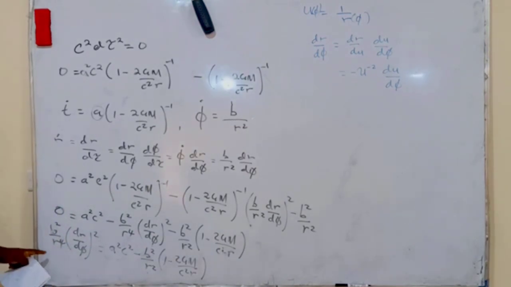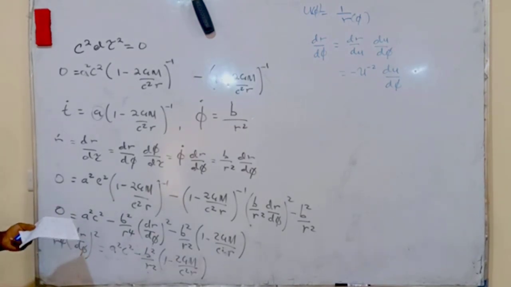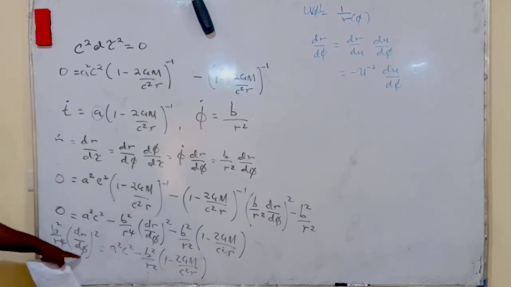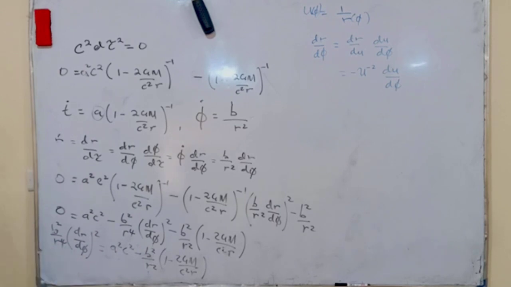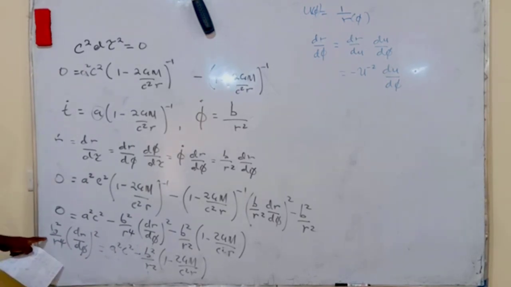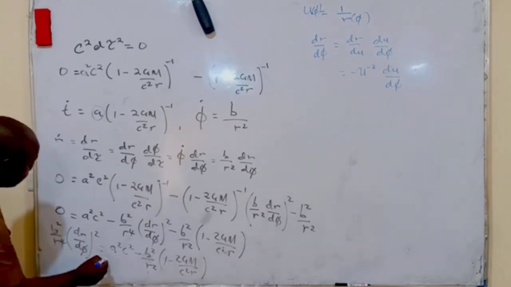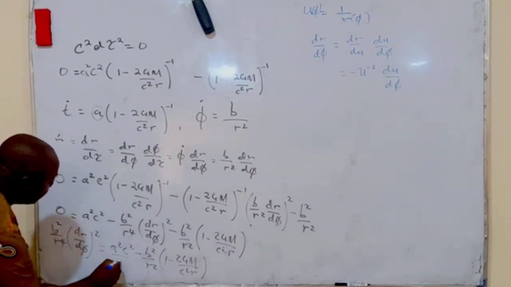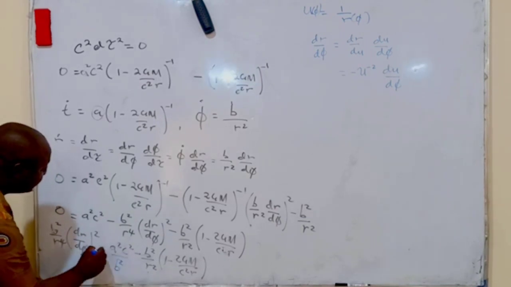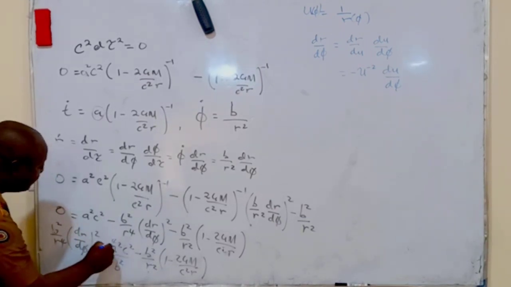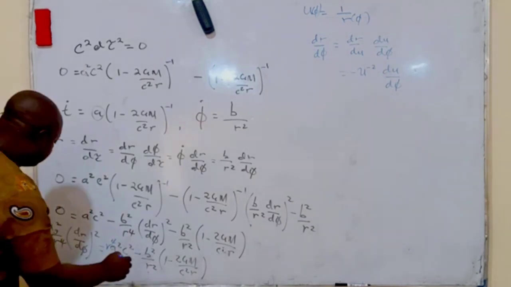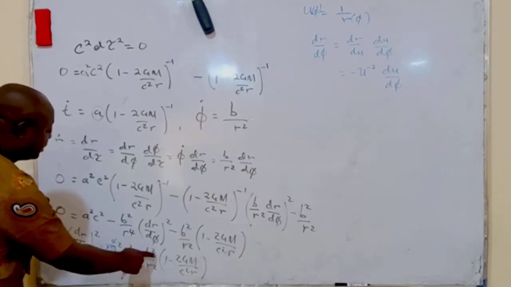But before doing the substitution, we can decide to remove this from here, so that this will remain on its own. So we'd have to divide all through by b squared and multiply all through by r dot. If we do that, we are going to have a b squared here, r to the power 4 here, and this b squared is going to drop.